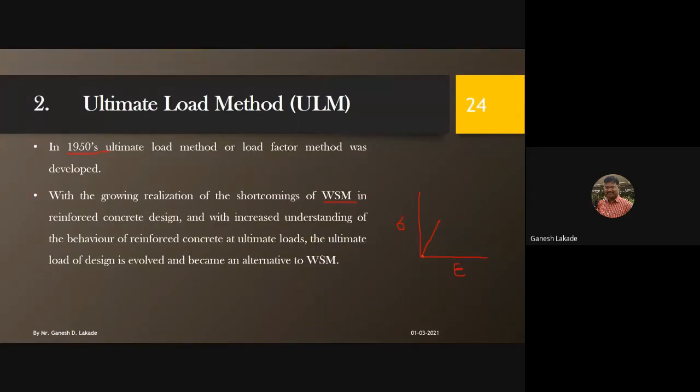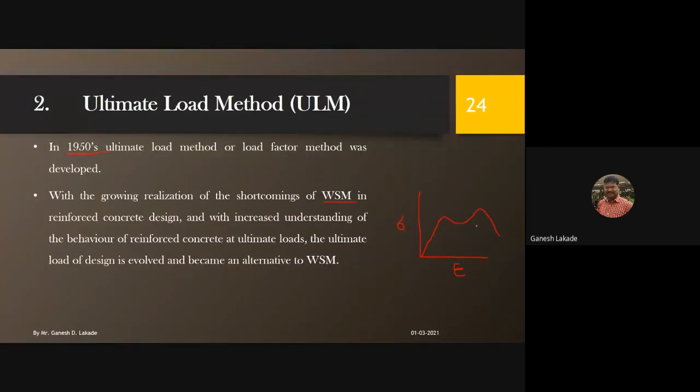Normally, up to a certain limit, which we call the elastic limit, the stress-strain relationship varies linearly. But then the relationship is not linear, and afterwards you will obtain this kind of nature of graph. Suppose this particular graph is for mild steel.